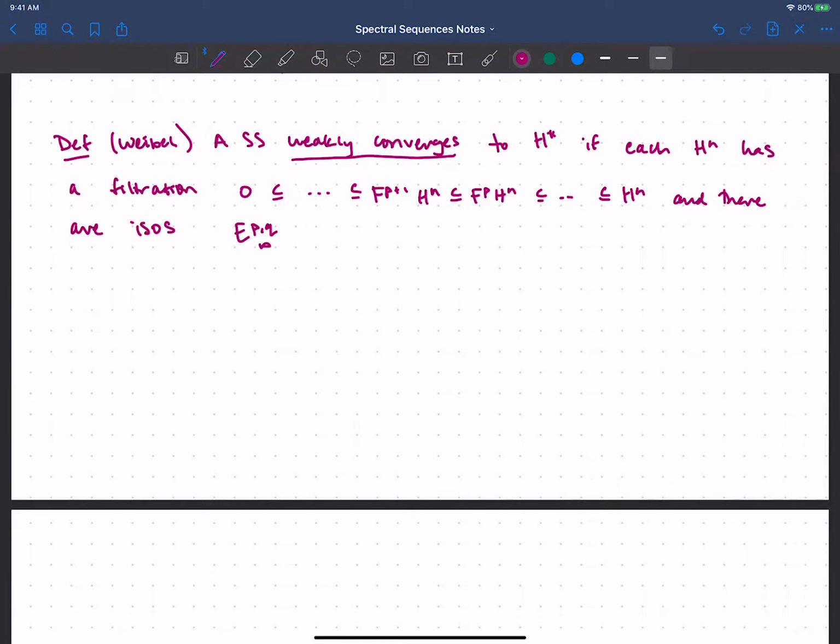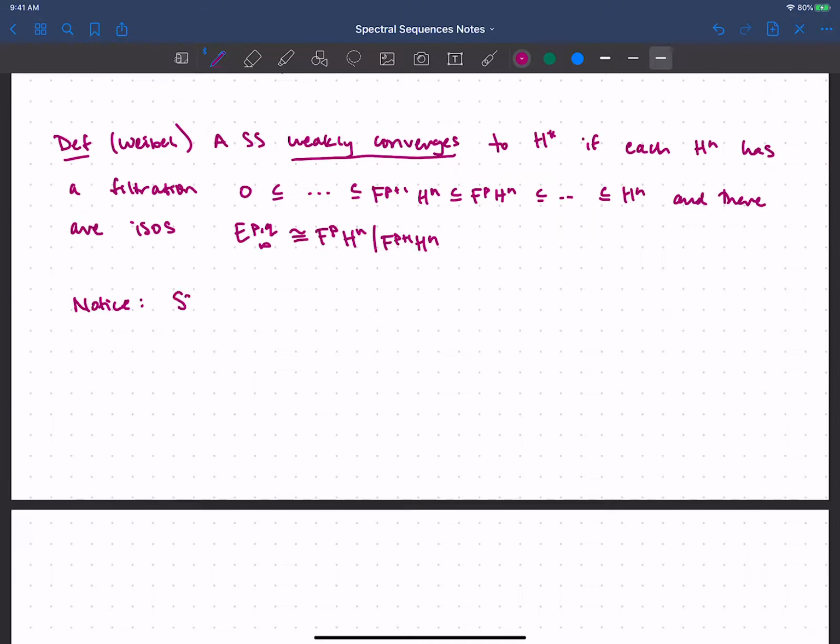So now this might not show up on any finite page, even for a given p,q, but we somehow have isomorphisms identifying it with F^p H^n mod F^{p+1} H^n, so with each of these successive filtration quotients. And then he points out that you should notice, why do we say weakly converges? Well, we're going to miss out on some stuff.